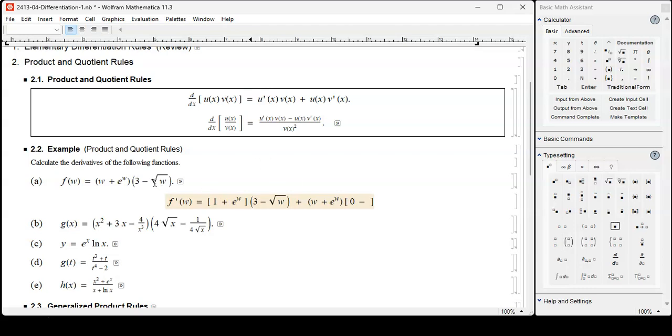And then that's the same as the 1/2 power, so 1/2 w to the negative 1/2 power after subtracting 1. That completes the derivative computation. You don't have to simplify. Please do not simplify. Let's do this again.